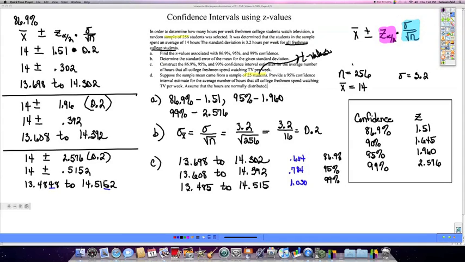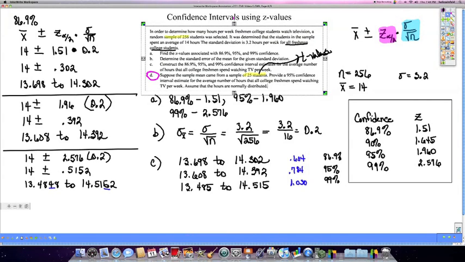Back to our first example problem, we were going to come back and answer part D. D is here. And we have the same problem except that we are to change our sample size to 25 students and provide a 95% confidence interval. And so we're going to make a new page.